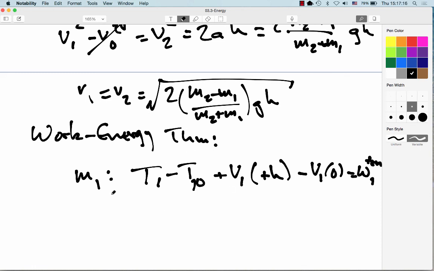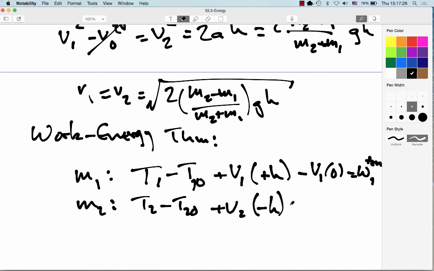And we can write an incredibly similar expression for M2, except here it will have dropped, so the position is going to be minus h, minus V2 of 0, equals work 2 done by tension.